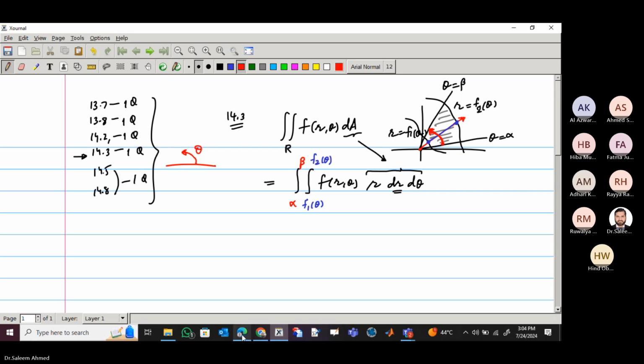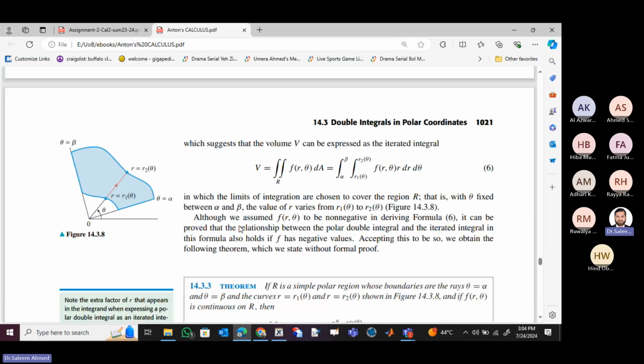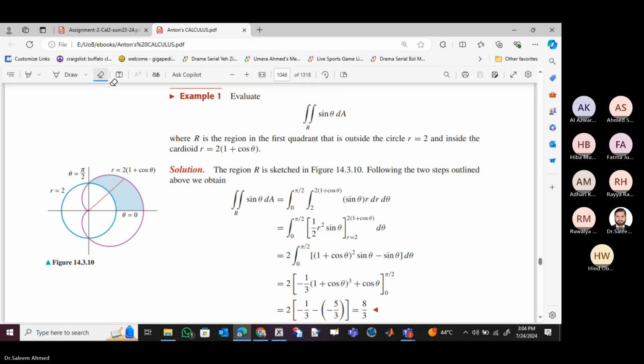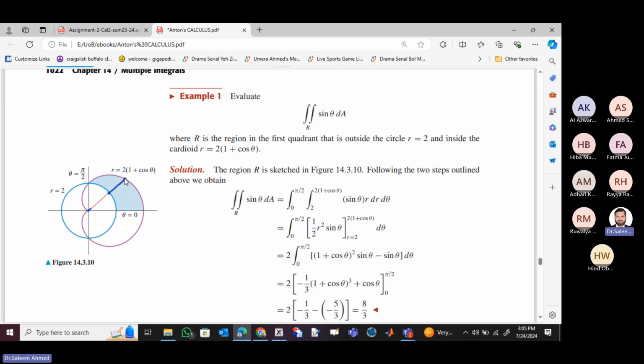So let's say here they gave me this curve. Evaluate this integral over the region, this shaded region. Now you see, if I draw a line from origin, if I draw a line outside, my r starts from this line and it goes to outer one, right?